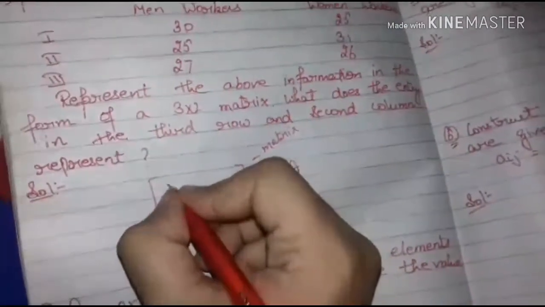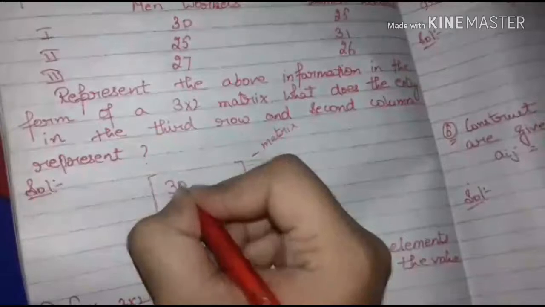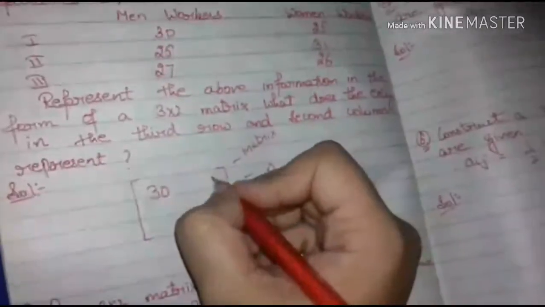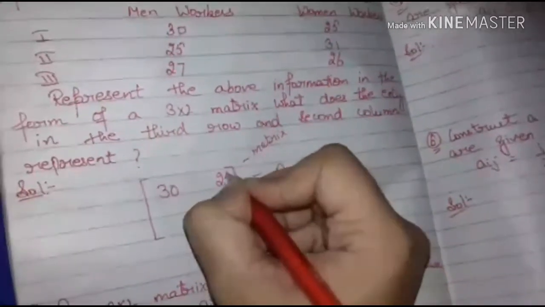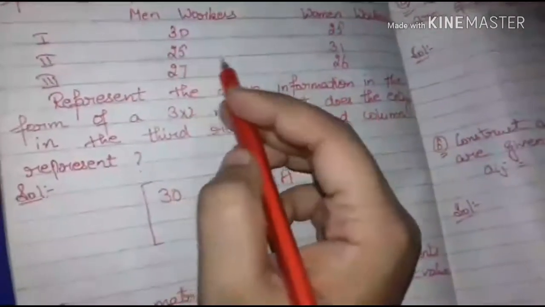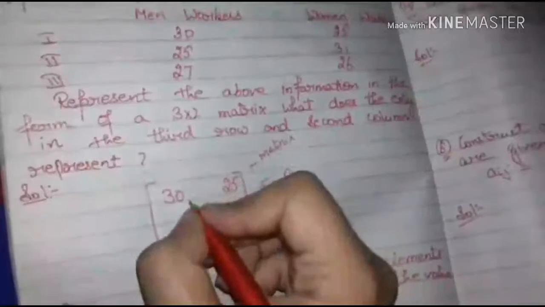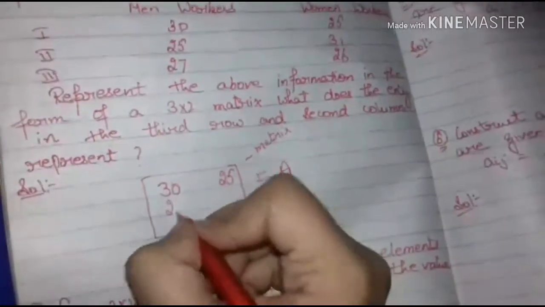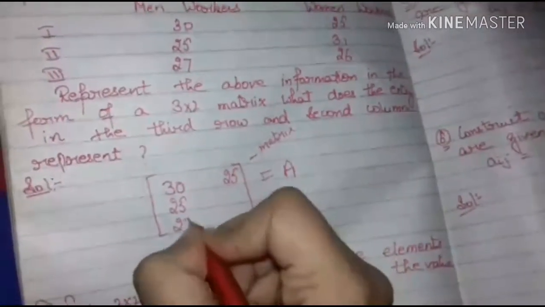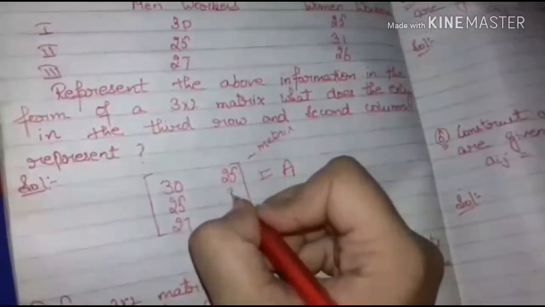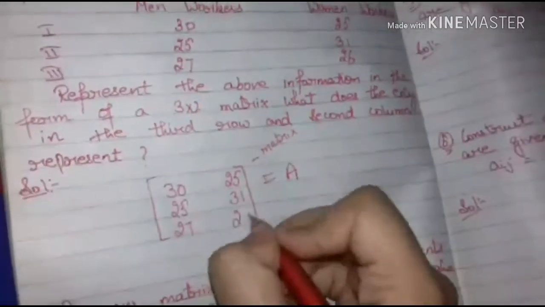So the first element of the matrix is 30 and second will be 25. Write all its values in the matrix simply. (31, 26).